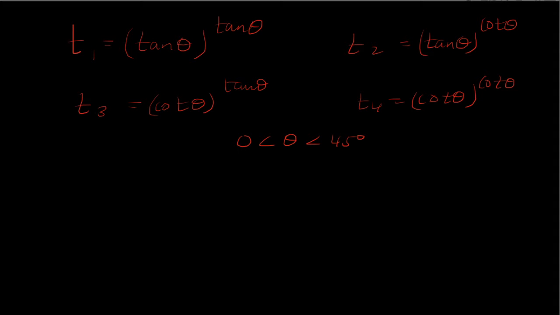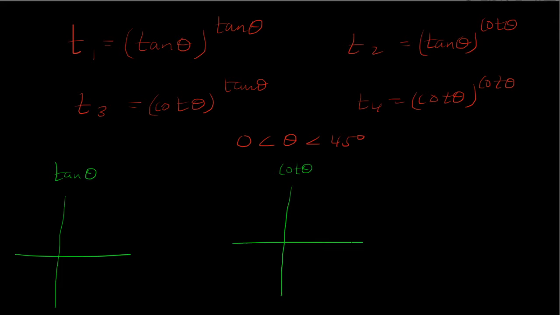So the first thing we should do is look at tangent and cotangent in that interval. So let's graph both of these. Okay, so tangent, we're going to look at the first period, which is between negative pi over 2 and pi over 2.